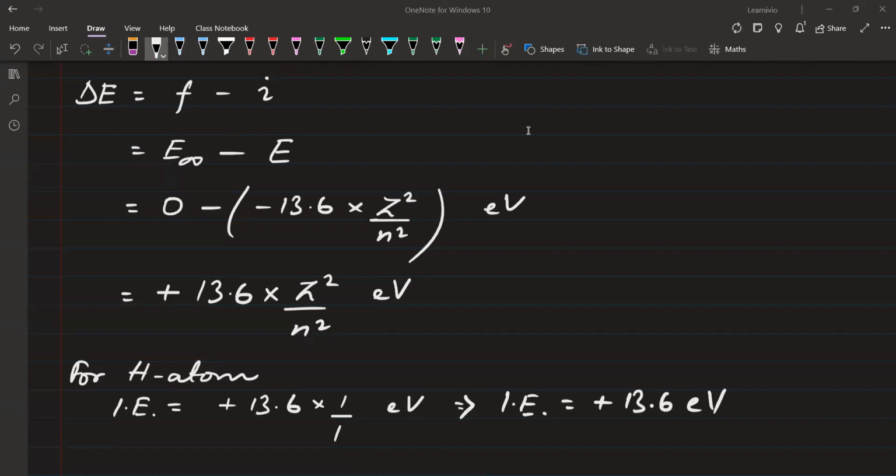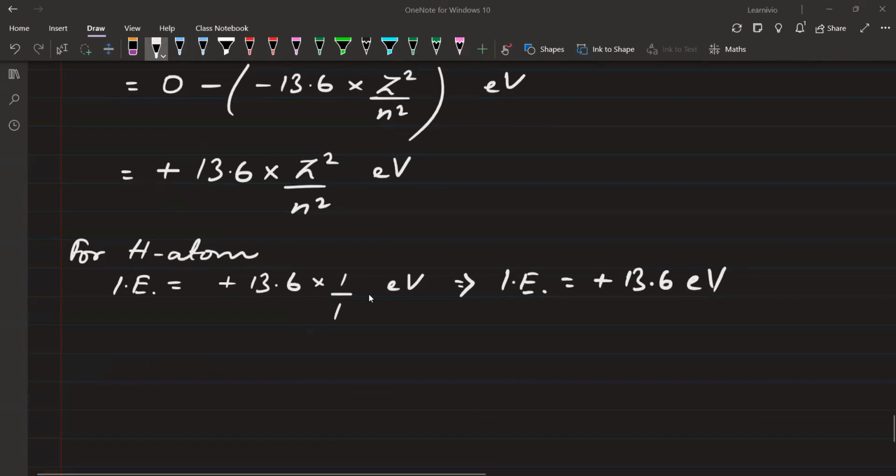When they are going to give you the ionization energy of hydrogen atom, that means they are giving you the constant for the formula of energy, है ना, इस बात को यहाँ पे नोट डाउन कर लीजिएगा.